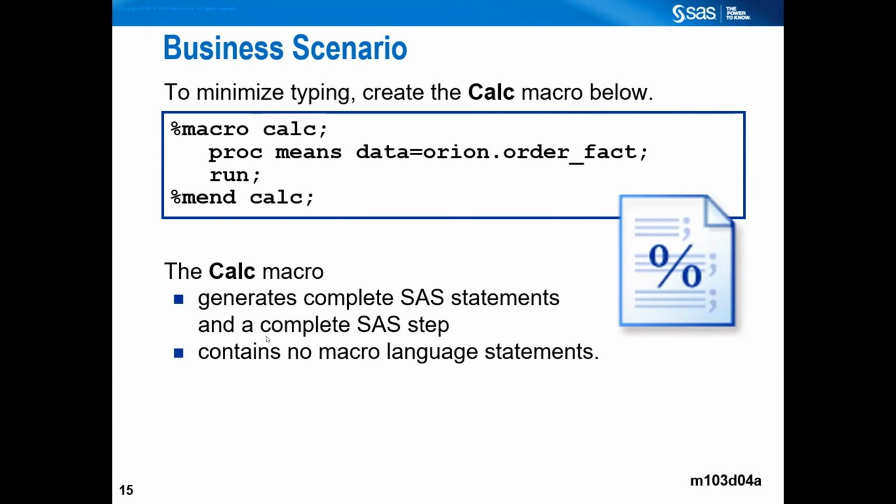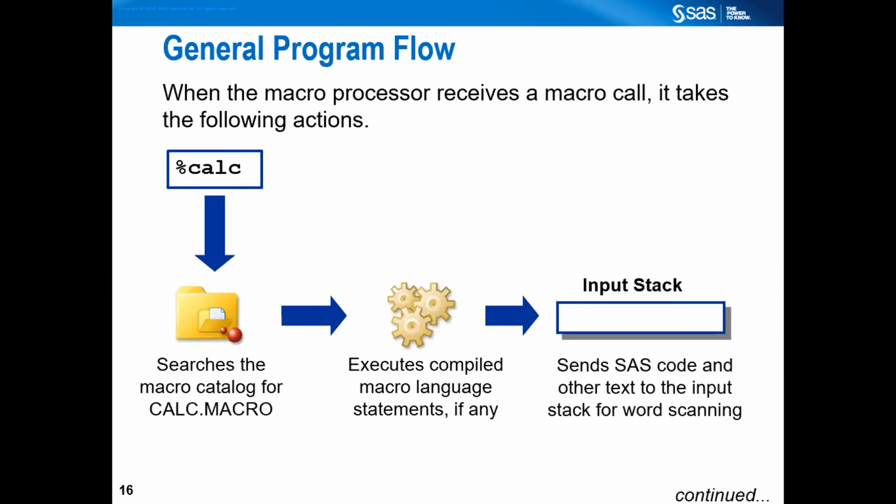So the calc macro generates complete SAS statements and complete SAS steps, and it contains no macro language. Within this proc means there is no percent sign with a name token, and no macro variable as well. So it is simply a SAS program, and this can also be saved as a macro. That is what they are trying to tell you.